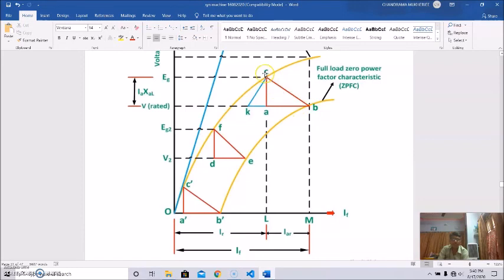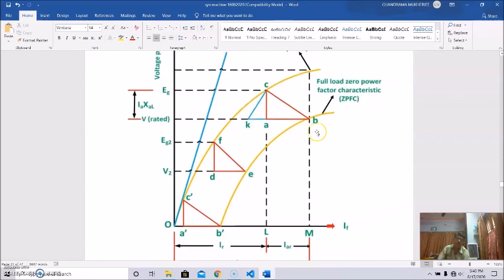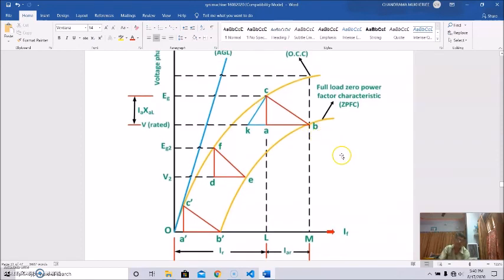From point C, drop a perpendicular line on BK. This AC will give you the IAXL, and this AB will equal the armature reaction MMF for the field current required. From these 2 points you will find the ZPFC characteristics and the Portier triangle, which is nothing but this CAB.